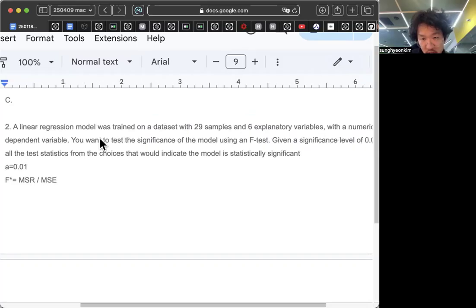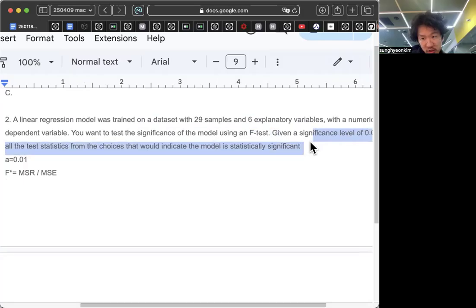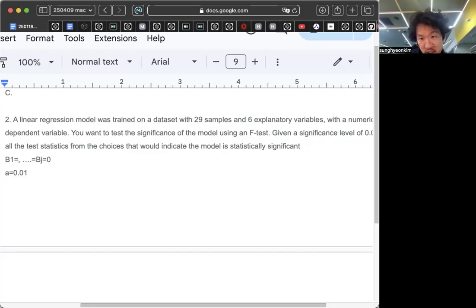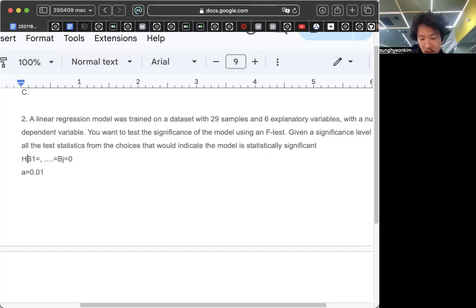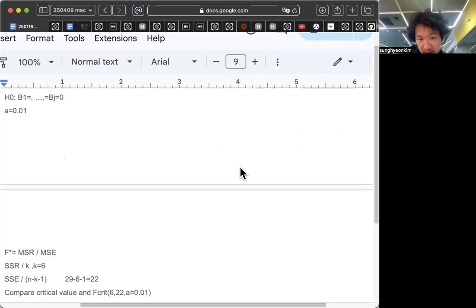If you want to check the significance of the model, you can do it with the F test, where the null hypothesis is that each of beta 1 to beta k is 0.